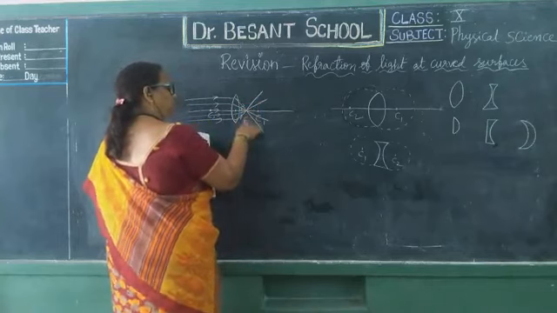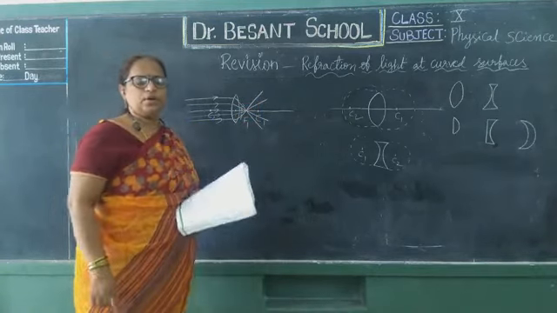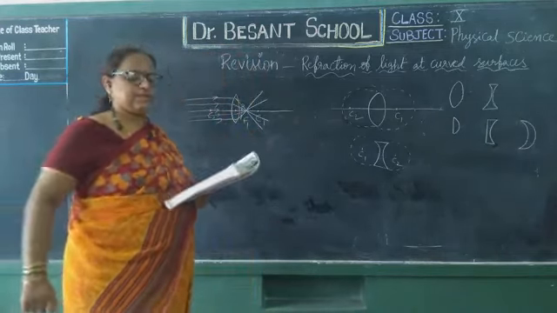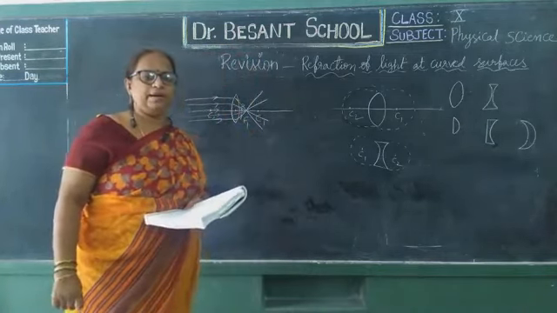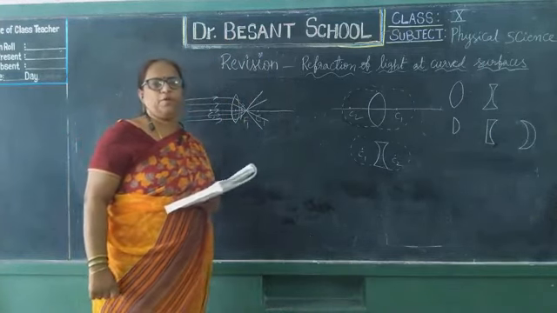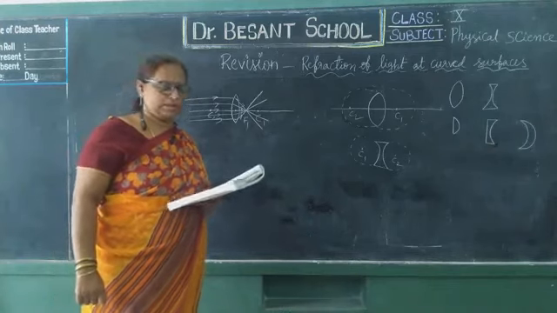That point is called the focus. So for a convex lens, when all the incident rays are parallel to each other, the refracted rays will converge at a point, and that point is called the focus.